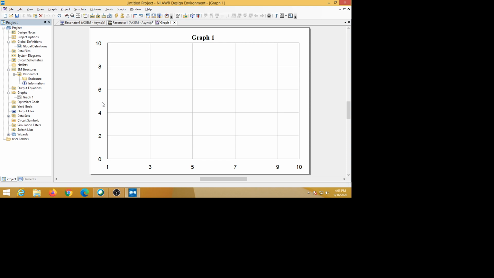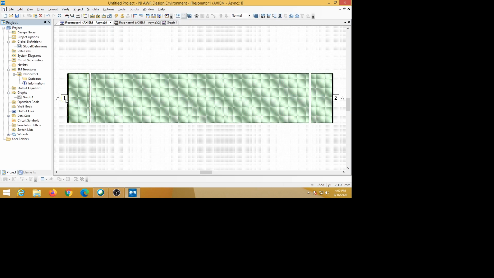But again, you should tell the simulator what should be displayed on this graph. What we are interested in is plotting the signal we are sending from here and seeing the output here. That is S21, scattering parameter S21.